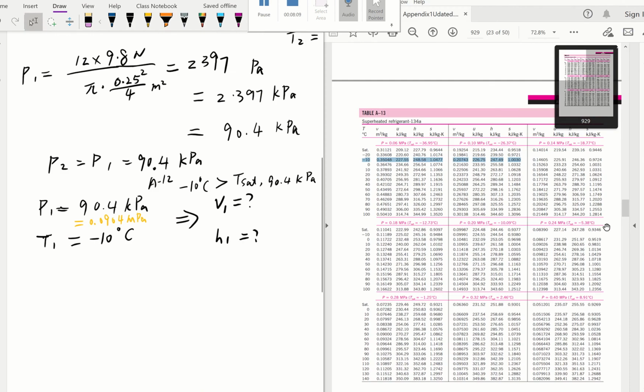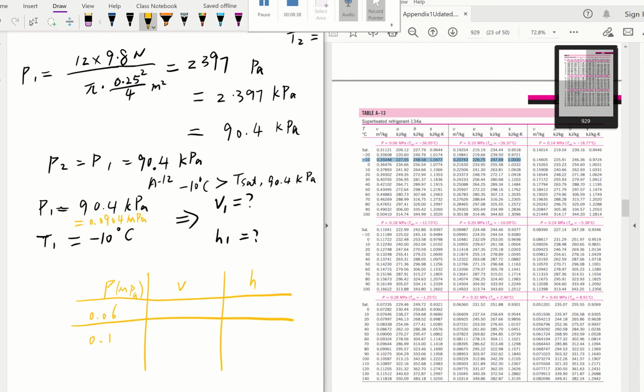Since it's at negative 10 degrees Celsius, but the pressure is between 0.06 megapascal and 0.1 megapascal, we're going to look at V and also at H.